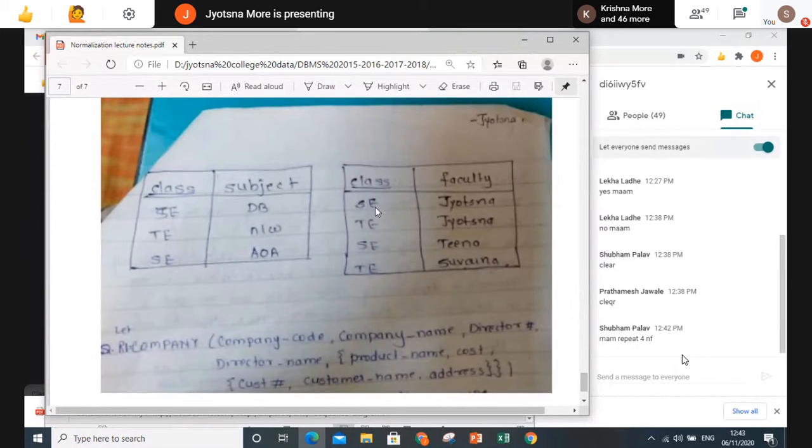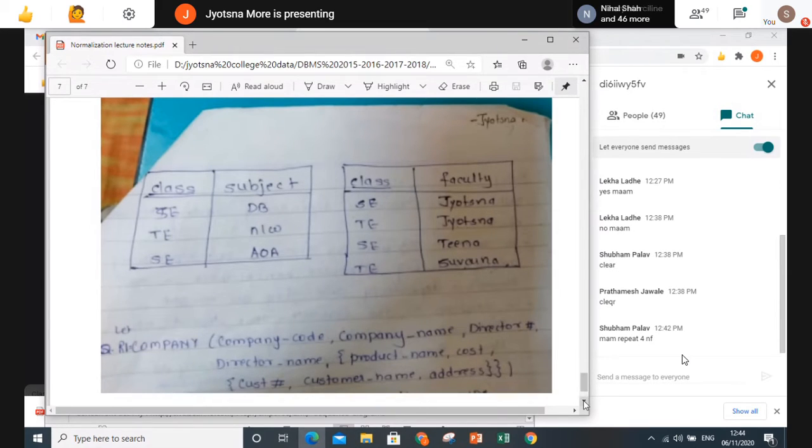Similarly, here with the class, I am putting the faculty, where class or faculty are repeating, but when creating a group, it is different. So nowhere I am having the combination as a repeating group or multi-valued attribute in one table. We are breaking it into different tables where we are solving the problem, right? So that is known as a 4NF.